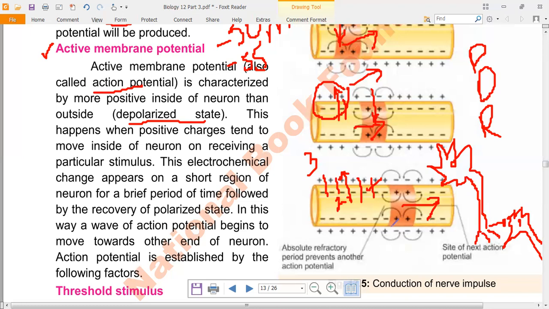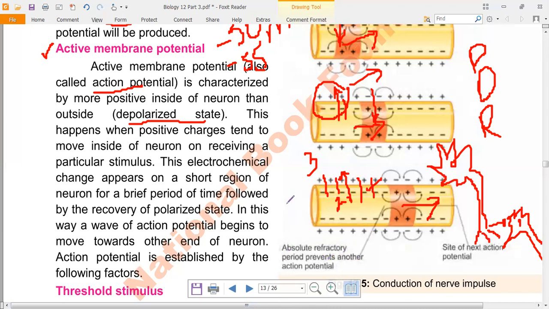Here, the part of the refractory period in which the nerve fiber is not able to respond to a stimulus of any strength is called the absolute refractory period, which prevents another action potential.